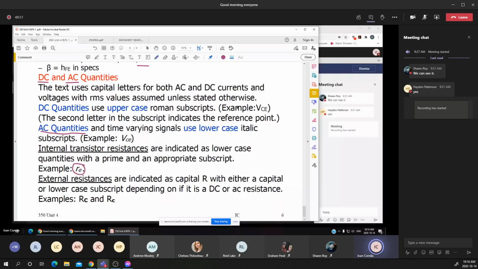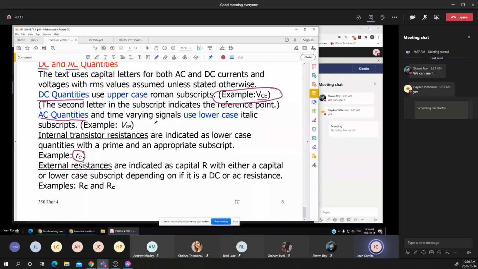In DC analysis, all these quantities are uppercase, for example VCE, uppercase V, uppercase C and E, which means that everything in uppercase is related to the DC quantities, or the static conditions of the circuit.